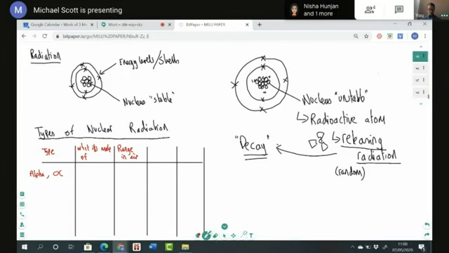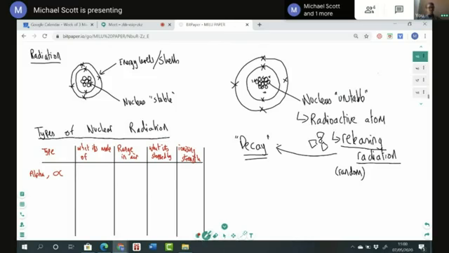You should know what it's stopped by. And you should also know the ionizing strength. I'll get onto what some of these terms mean in just a second.